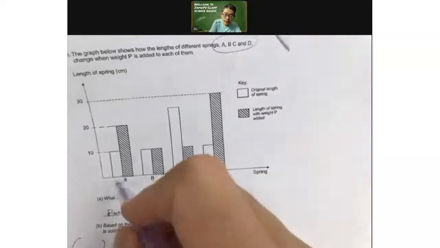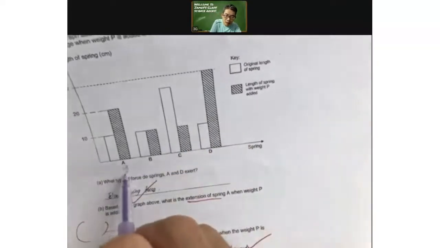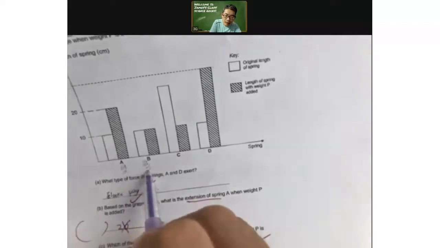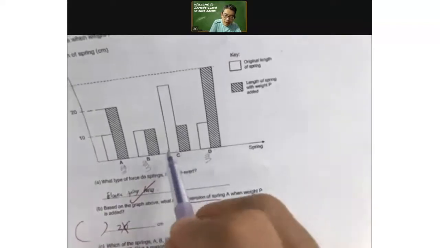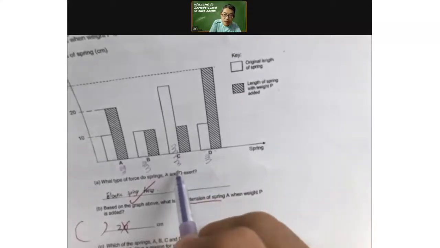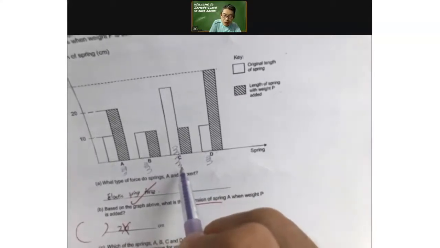So for A, B, and D, the original length is the same, whereas for C, it was longer. In other words, A spring is like this, B is like this, D is like this, whereas C is a longer spring at first, even before you add anything to it.